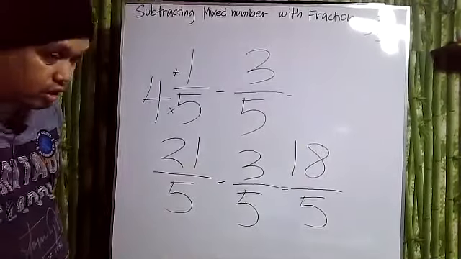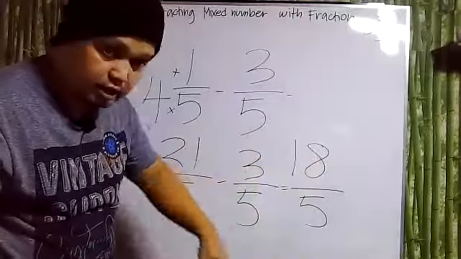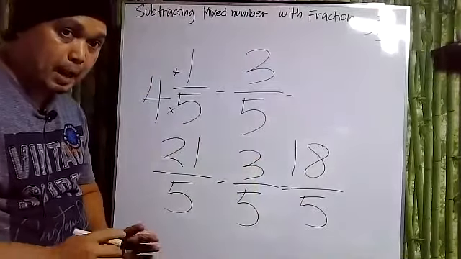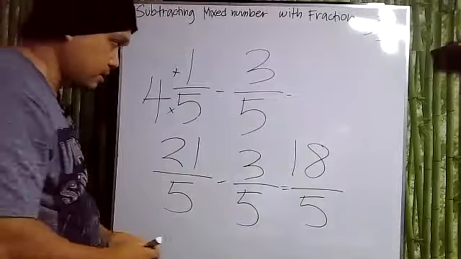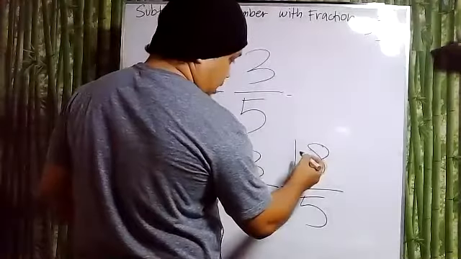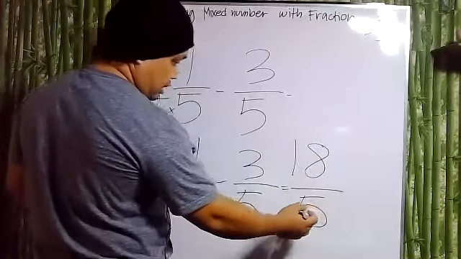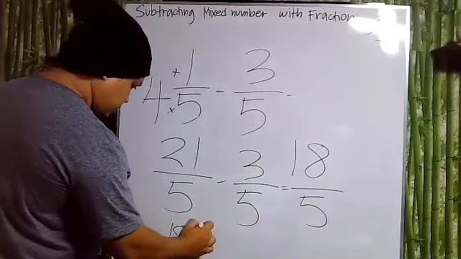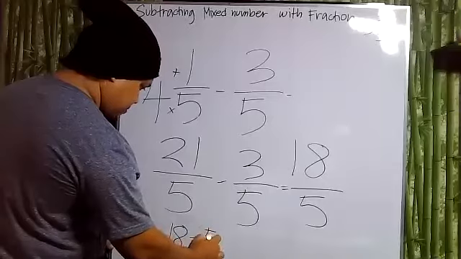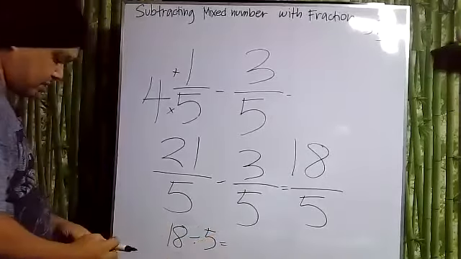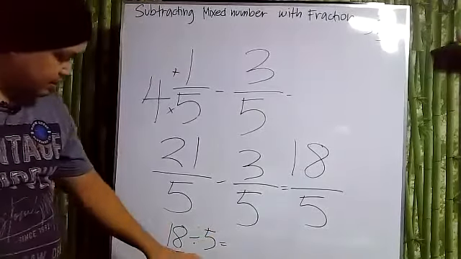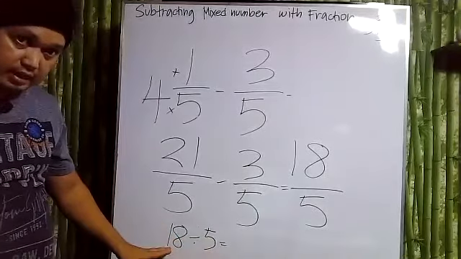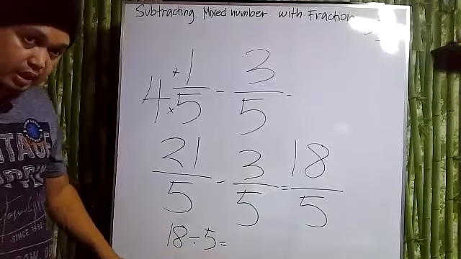So we change 18 over 5 here into a proper fraction. How? By dividing the numerator by its denominator, 18 divided by 5. So, how many 5s are there in 18? That's 3, right?